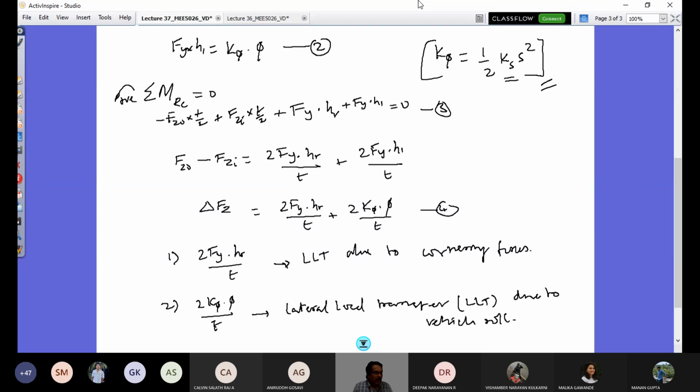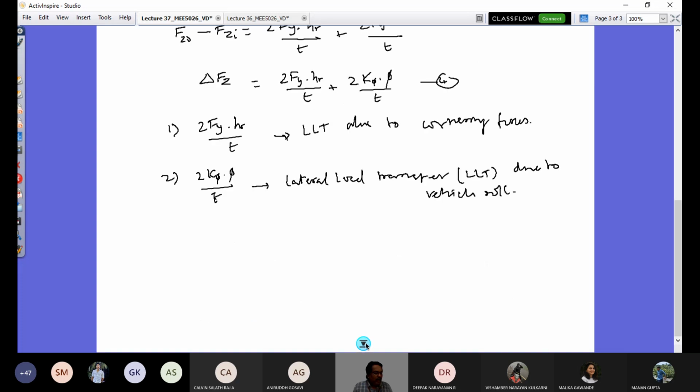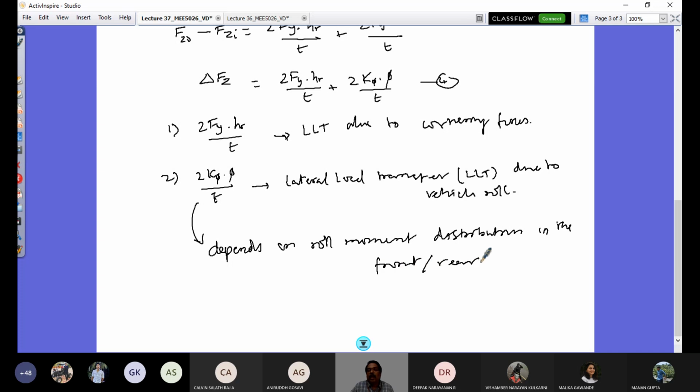So this second term depends on roll moment distribution in the front and rear axle. So you have to understand this roll moment distribution.